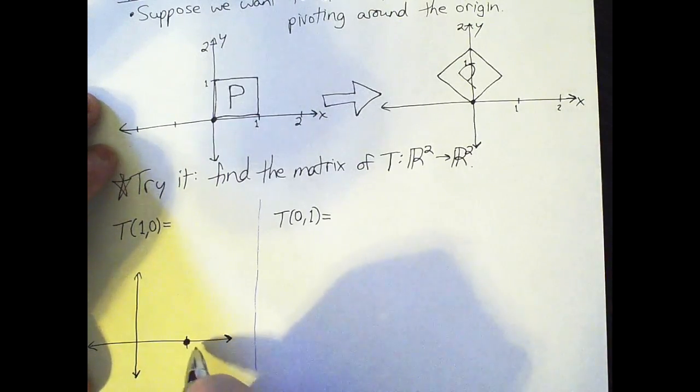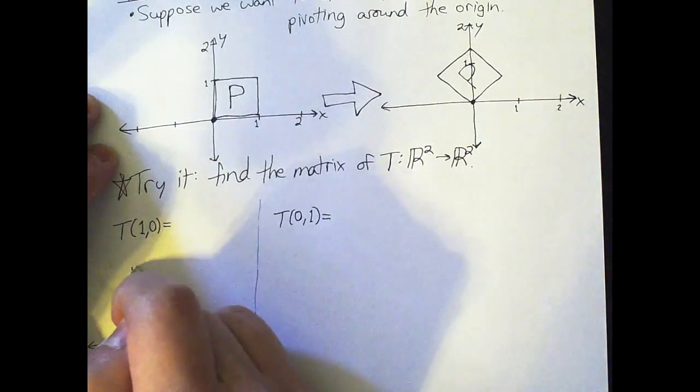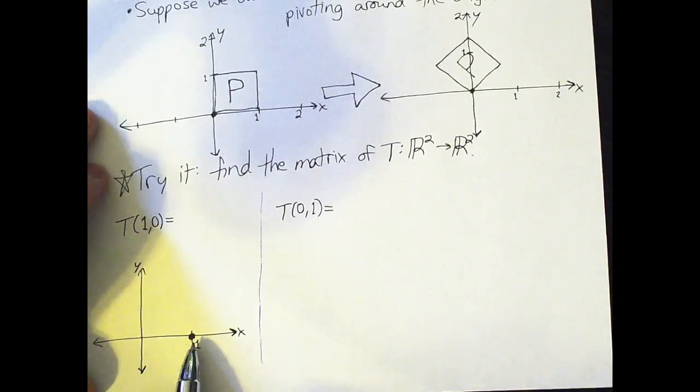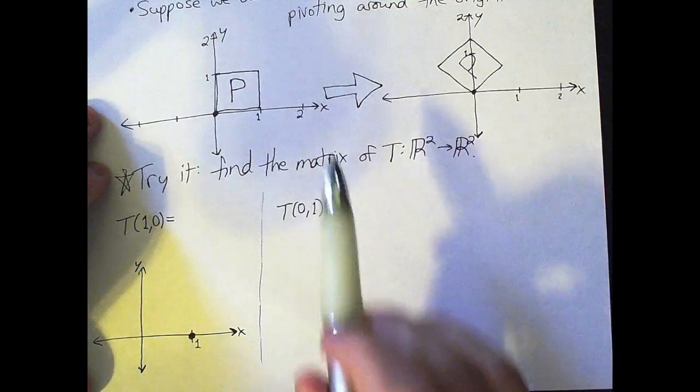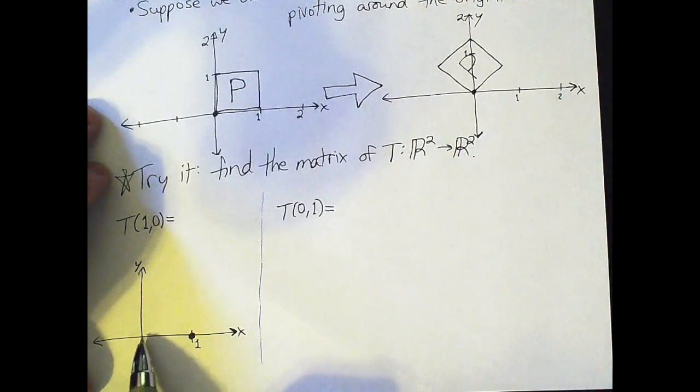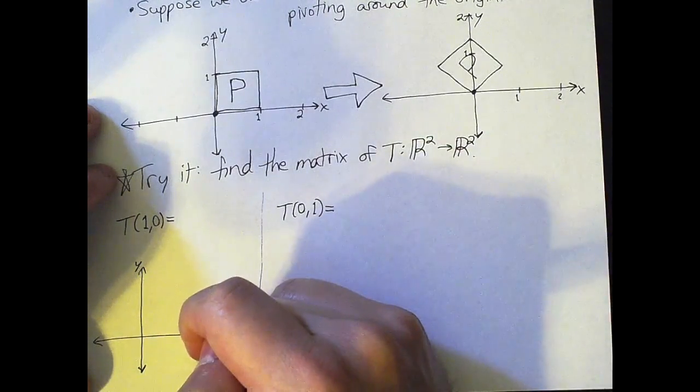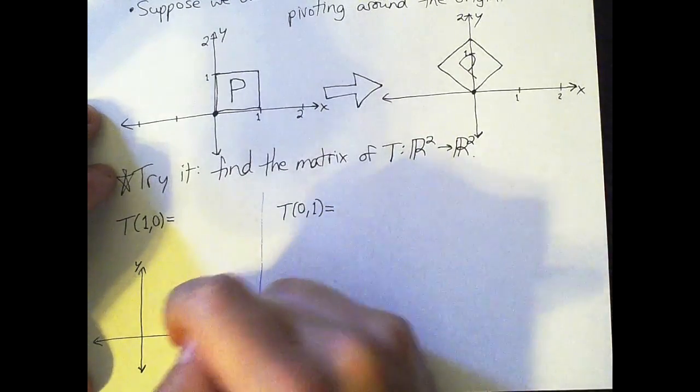Here's the point 1, 0. Where should this point go if it's being rotated in this way? So we're pivoting around the origin and we're rotating 45 degrees. It should move this way and wind up here.